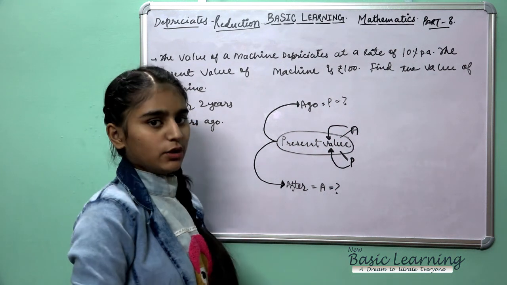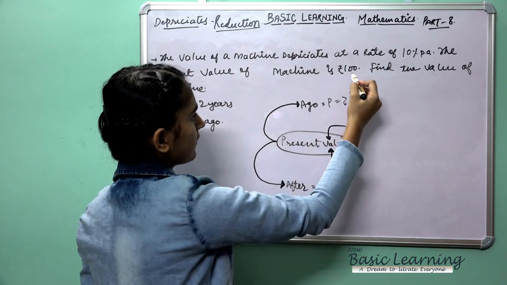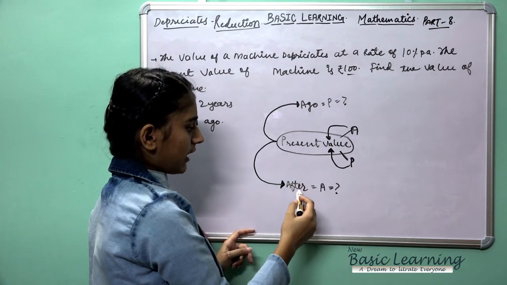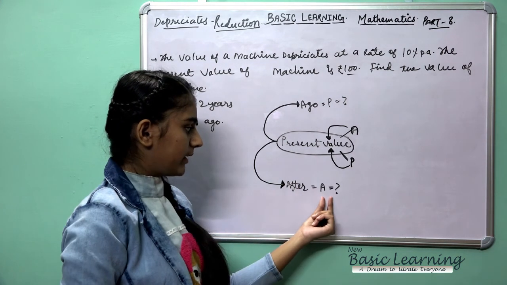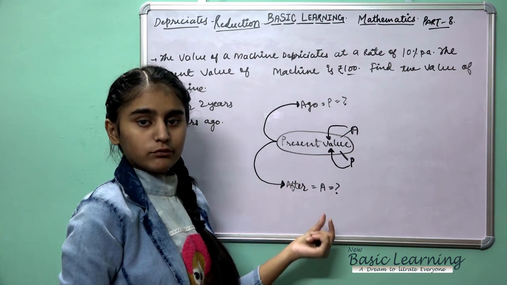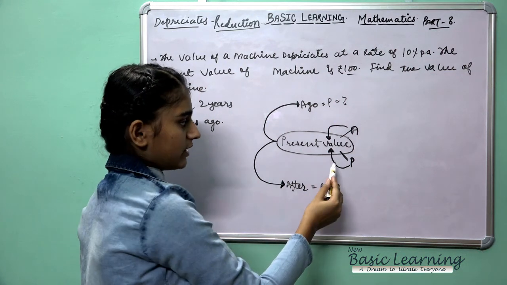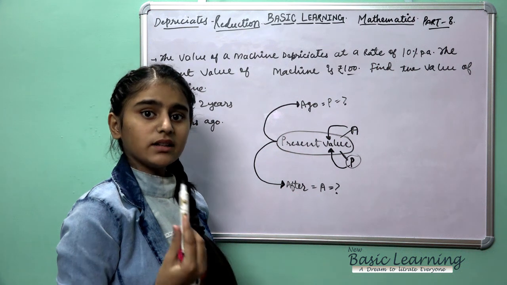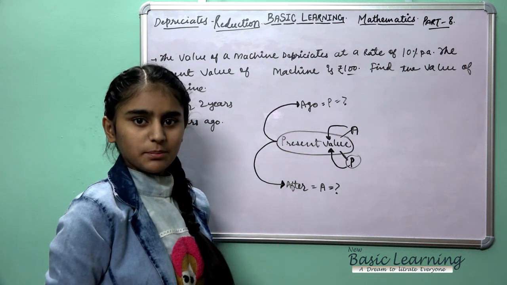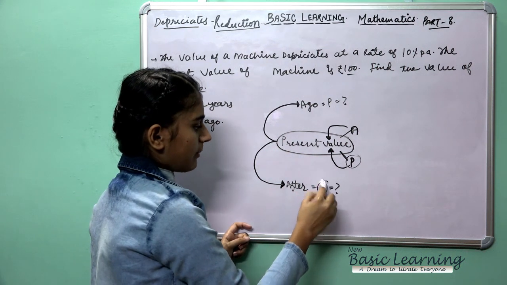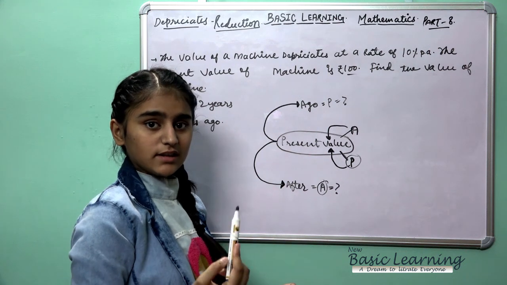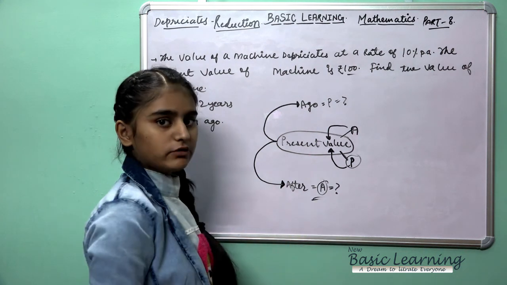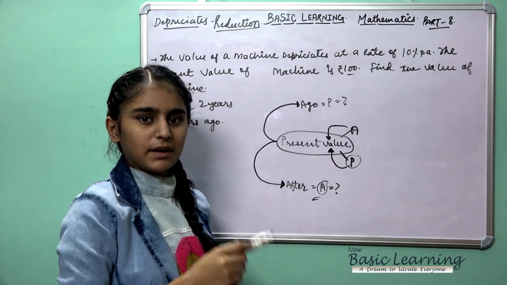Whenever the present value is given to you, suppose it is rupees 100, and you need to calculate after 2 years or 3 years, then you need to take out the amount, and the present value is taken as the principal.